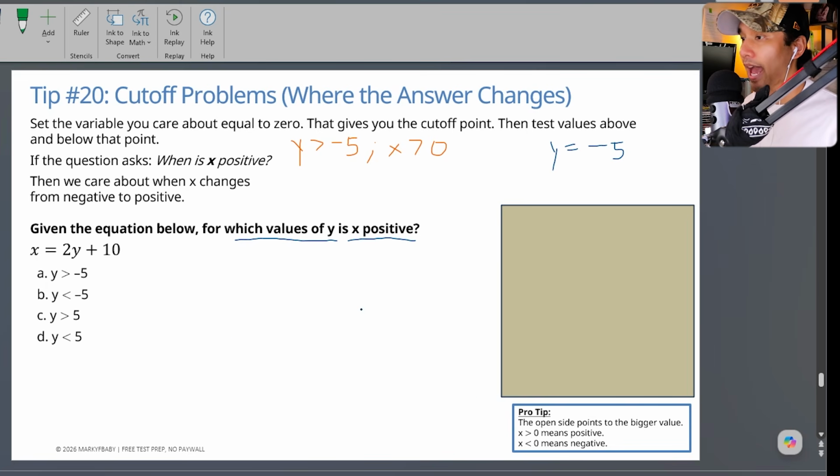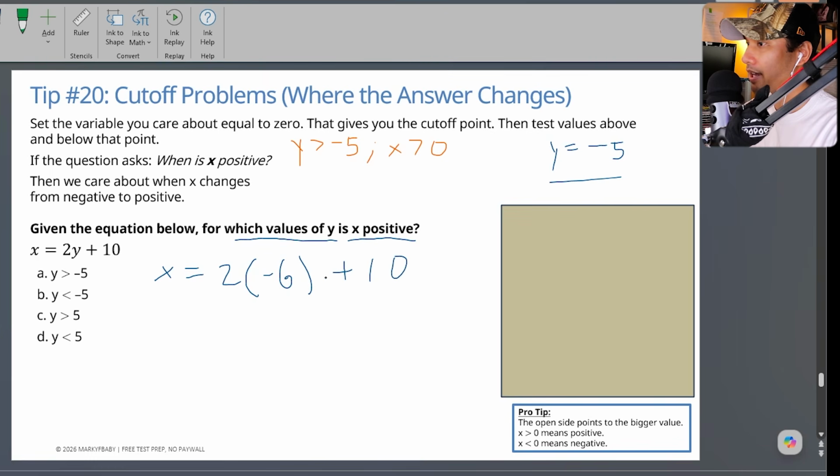So I'm going to choose -6. We get x equals 2 times -6 plus 10, then x equals -12 plus 10, and then x equals -2. And that is a negative number.